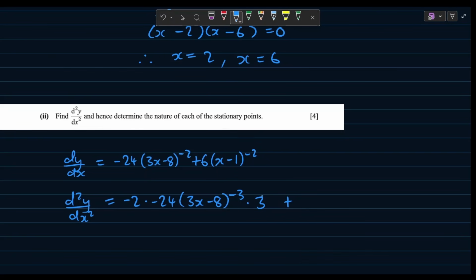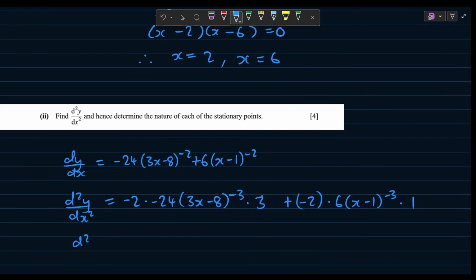Now bring down the -2, and it's multiplying your 6 times the bracket, then -2 - 1, so -3, differentiate the inner function. If you differentiate x - 1, you're going to get 1.